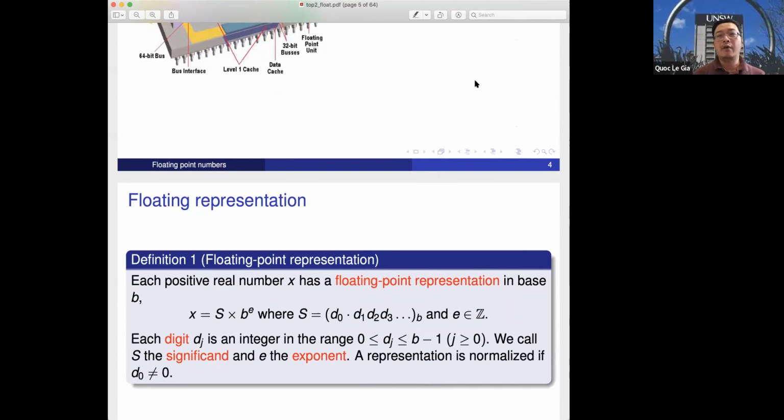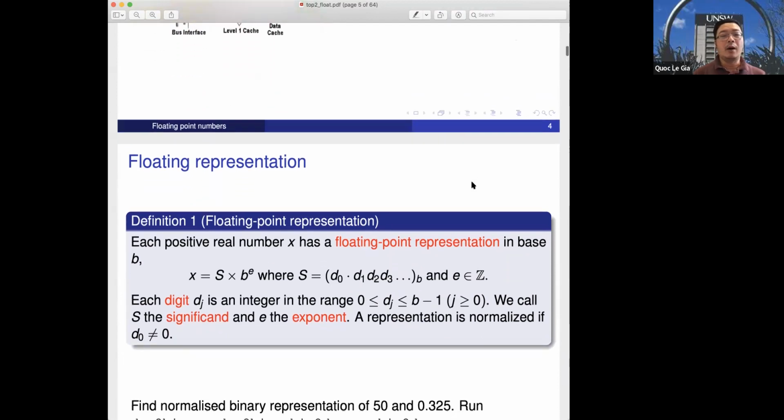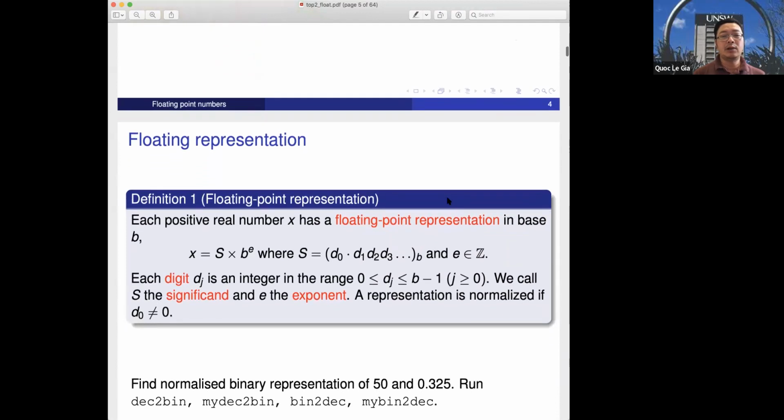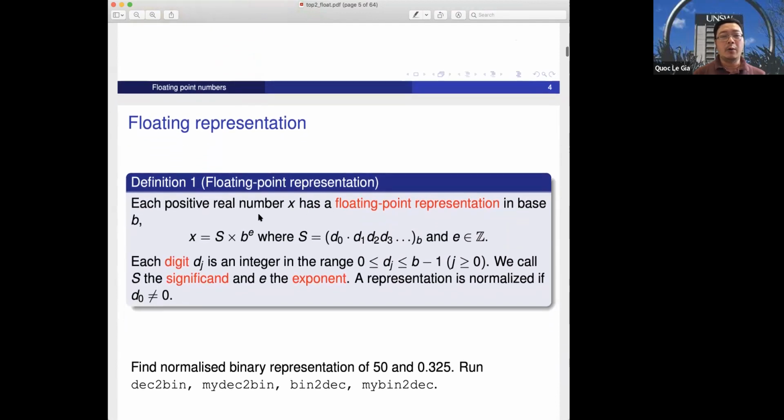And from that representation, you can represent a number. So this is a general definition. I will explain by example before we go back to the explanation.